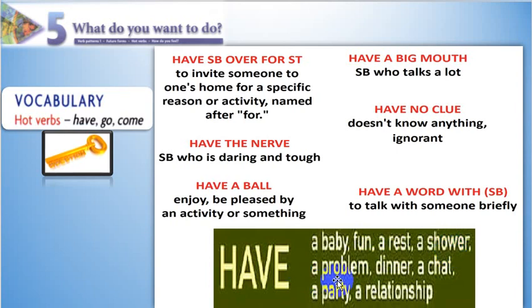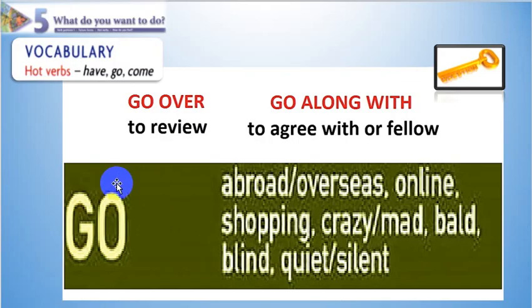To wash. Have a problem. It doesn't mean own a problem but rather has a problem. Okay. Have dinner. Eat dinner. Have a chat. Okay. Have a party. Hold a party. Have a relationship. Okay. So these are also expressions with have. Okay. Now, let's come to the second verb, go.